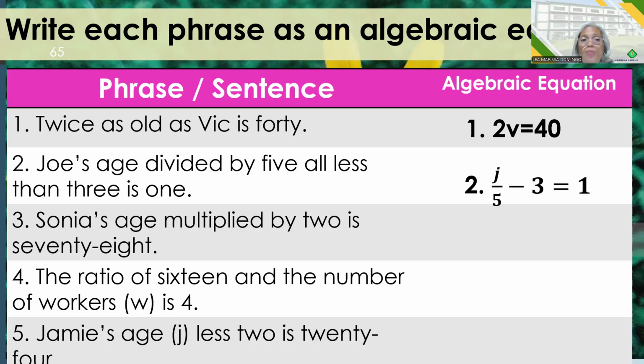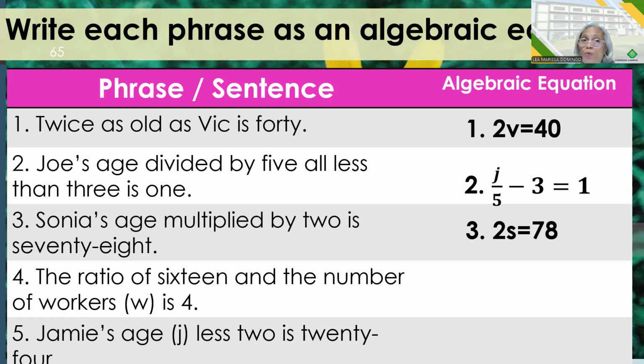Let us represent Joe's age by J. So, J divided by 5 minus 3 is equal to 1. Number 3, Sonia's age multiplied by 2 is 78. Let us use S to represent Sonia's age. So, 2S is equal to 78.